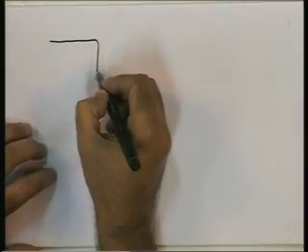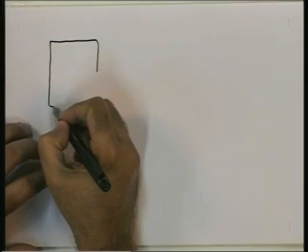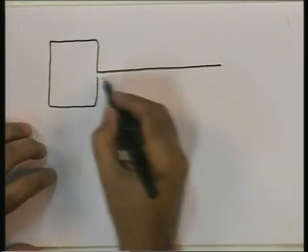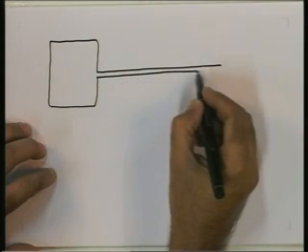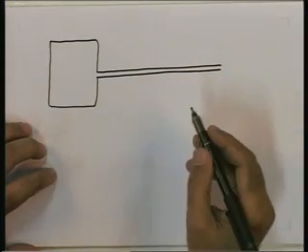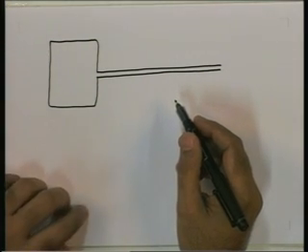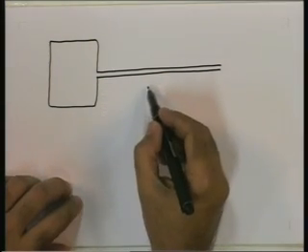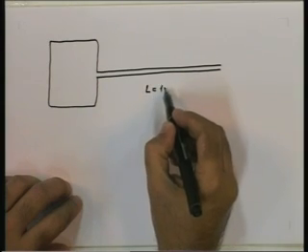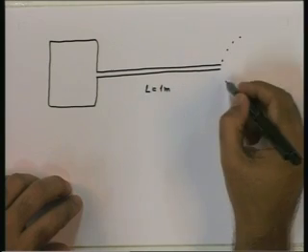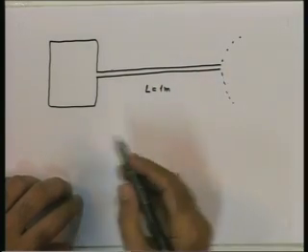Let us sketch the situation. We have a large ammonia tank, and it is connected to the atmosphere through a 1 meter long tube. So, L equals 1 meter. So, the tank here is actually open to atmosphere.